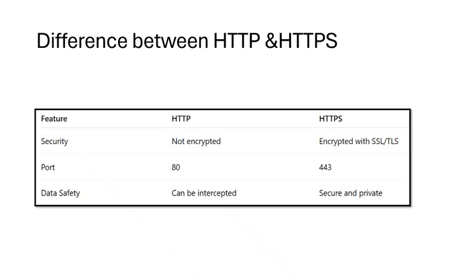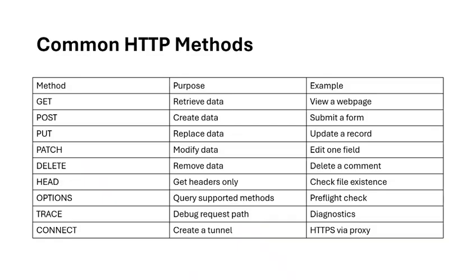We'll see some common HTTP methods also. We have GET to retrieve data when you view a web page. If you want to ask for some data, you require GET. If you have to submit a form, you require POST. If you're submitting your personal details, like filling a form, then you're creating data, which comes under POST. If you want to update your record, you require PUT.